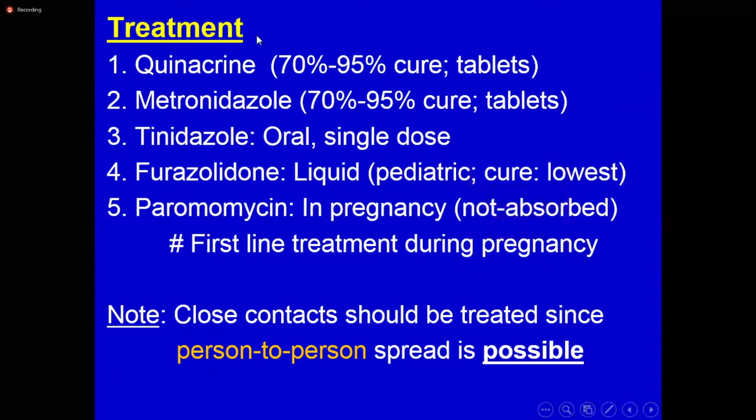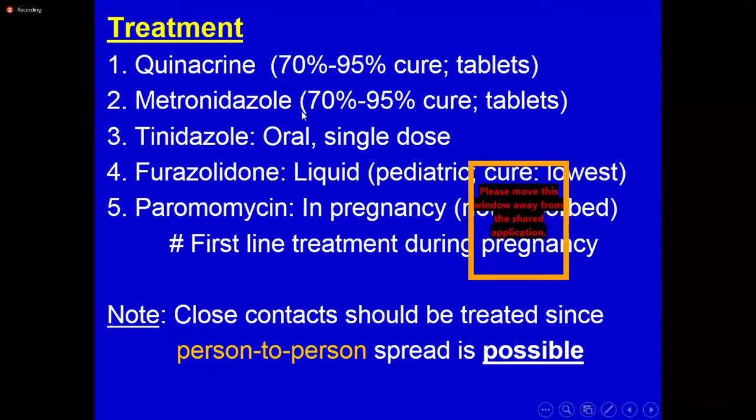Treatment, there are varieties of drugs. Quinacrine, it can give a lot of cure, up to 95%. مترونيدازول اللي هو الفلاجيل عارفيه كلكم. Metronidazole also can give high rate of cure.